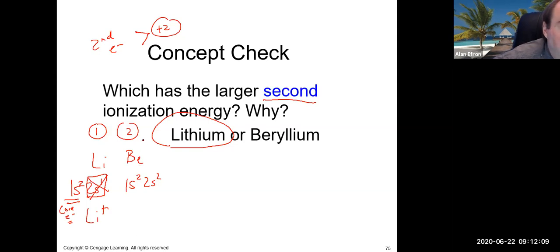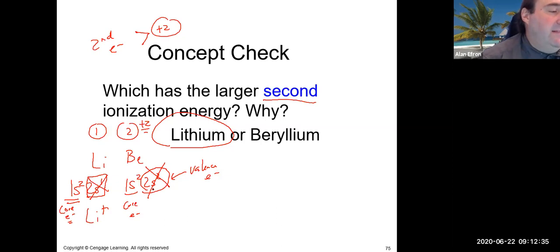While beryllium, which is group 2, remember everybody in group 2 forms +2, which means these are its valence electrons, and this is its core electrons. So if you want to get to the second ionization energy, you could remove 1 and 2 electrons here with no problem because the second electron that comes off will still be a valence electron.